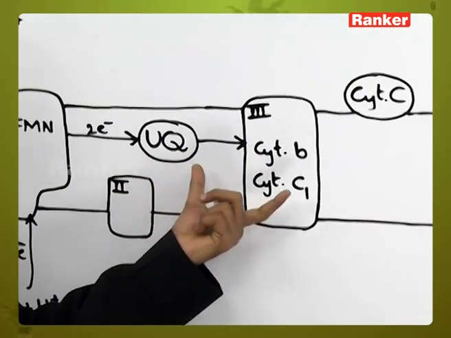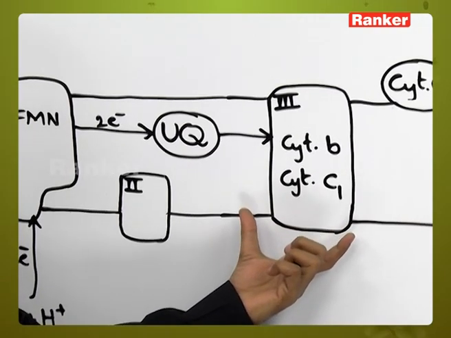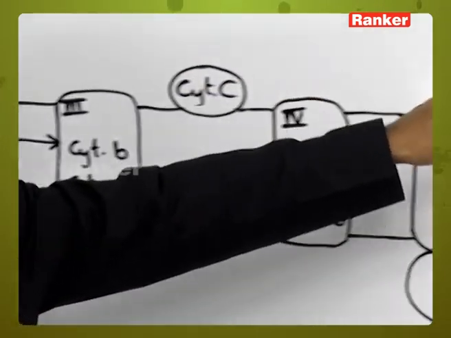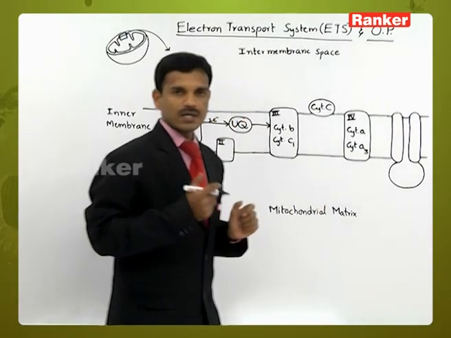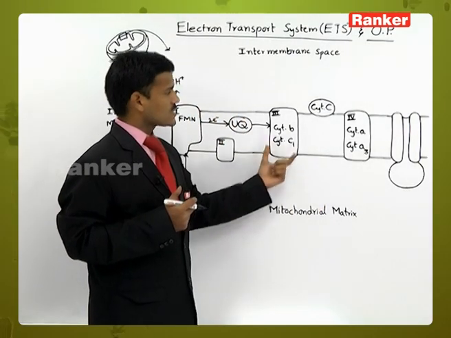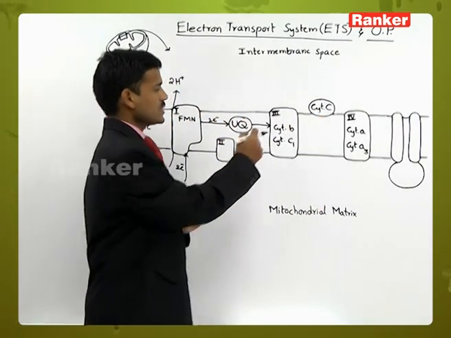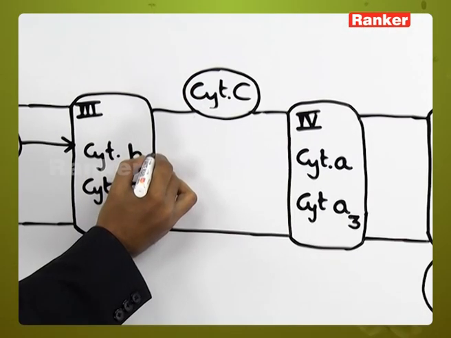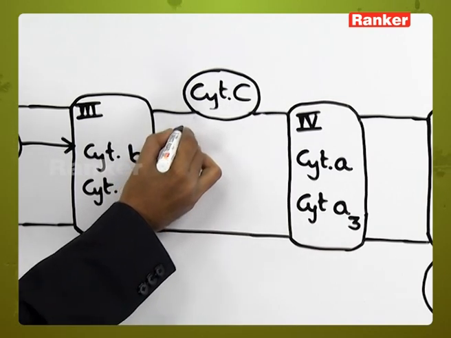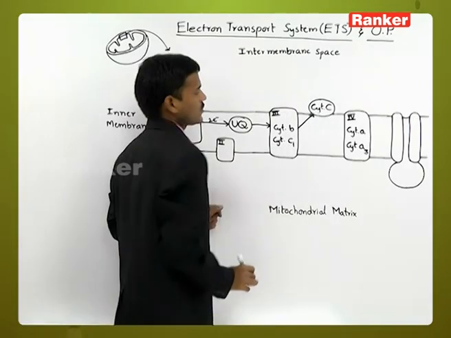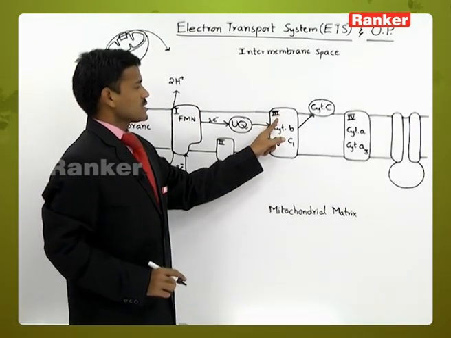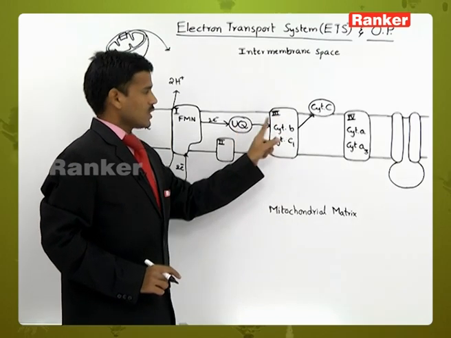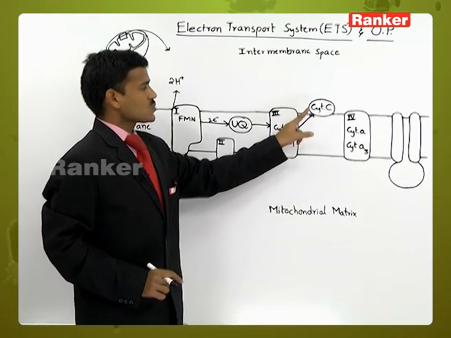The third complex is cytochrome C reductase, meaning the enzyme is involved in cytochrome C reduction. So it is taking electrons from ubiquinone, and it is giving electrons to cytochrome C.